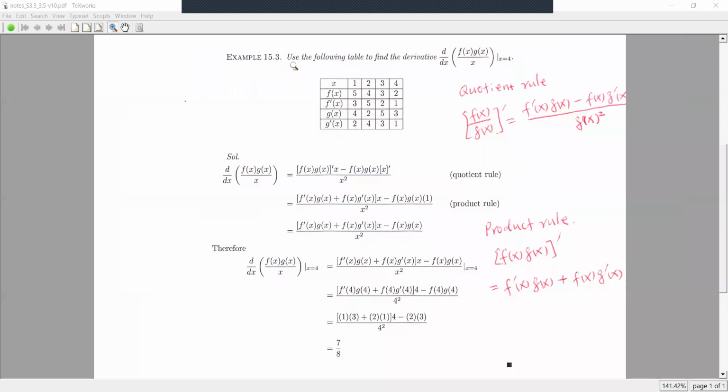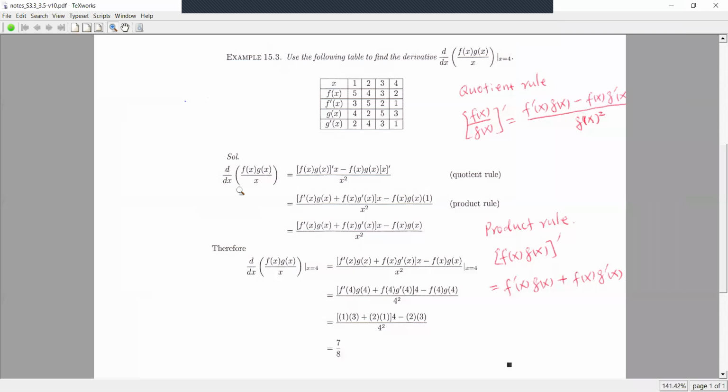Example 3. Use the following table to find the derivative. This notation means compute the derivative first. After getting the result, plug in the number 4 for x.